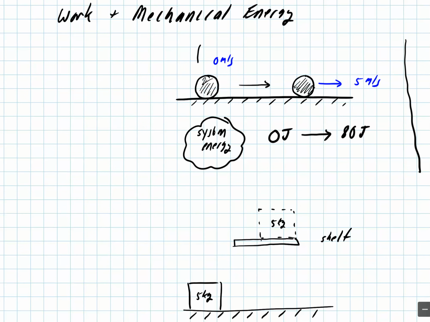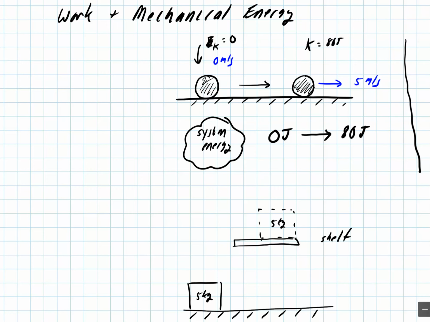So at this moment in time, the kinetic energy, I'm just going to write EK there because I don't want to erase it, is 0. And then later on, it's the same thing, just kinetic energy, and now it's got 80 joules.